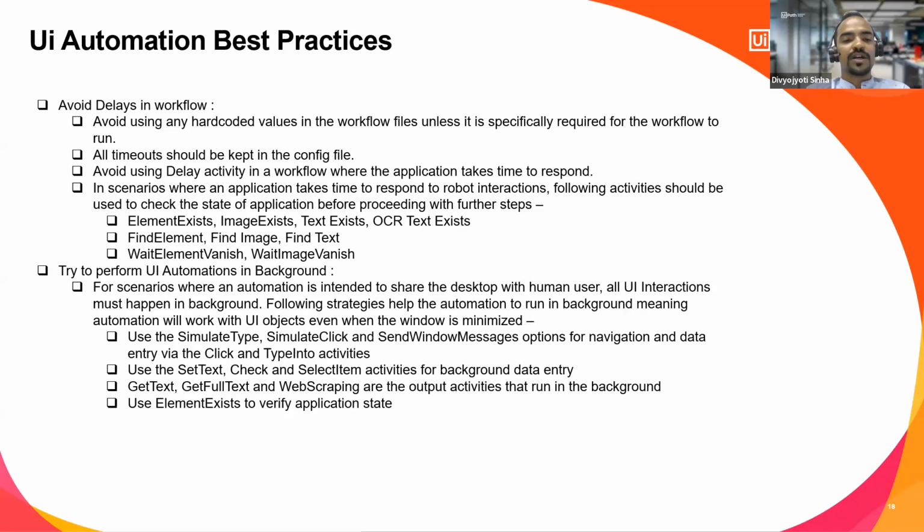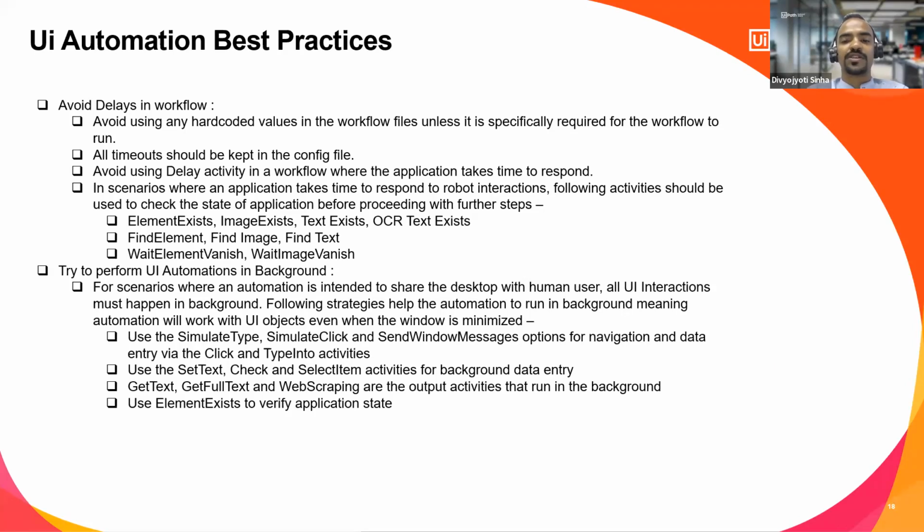So again, it is always recommended for any kind of data entry operations. You should use set text, check, or select item activities. Again, get text, get full text, and web scraping. All these activities run in background. So you should rely on this kind of activities rather than the other activities that you have, like get OCR text or get screen text.